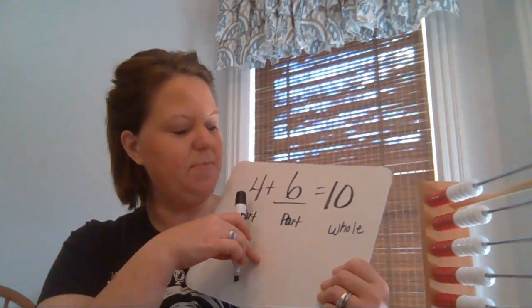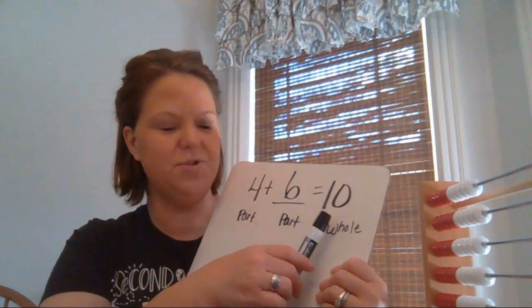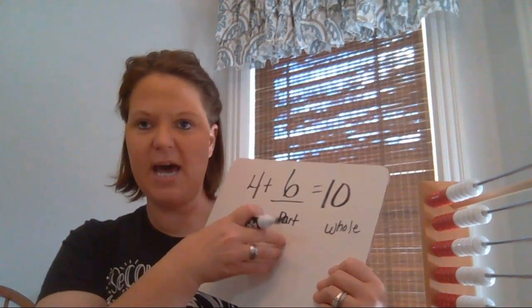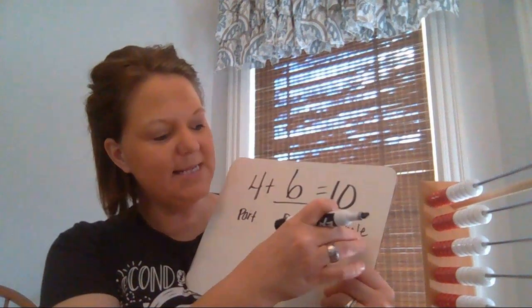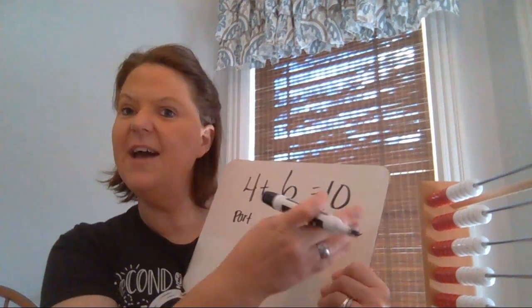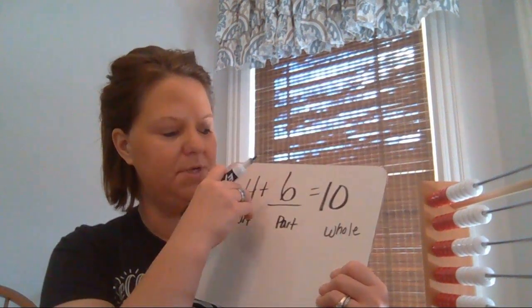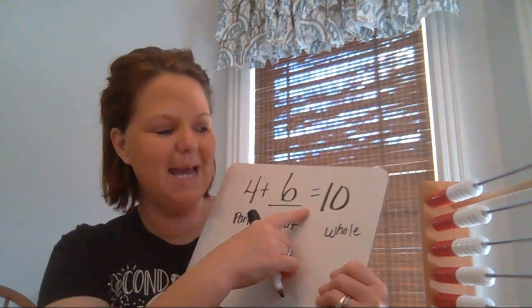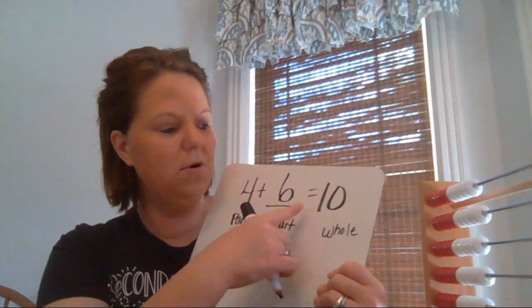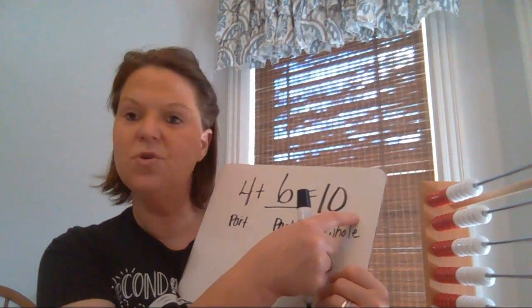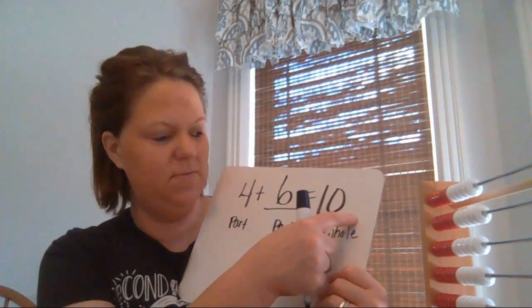Lots of times you'll hear people say 4 plus 6 is equal to 10. But this side of the number sentence has to equal this side. So they have to equal the same amount. So 4 plus 6 is the same as 10 or equals 10. And 10 is your answer, your solution, okay?